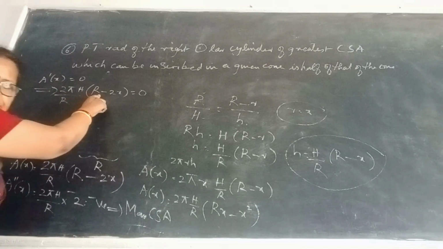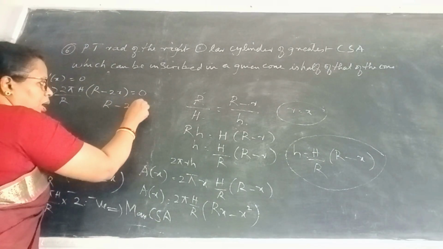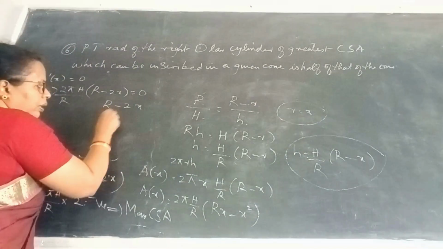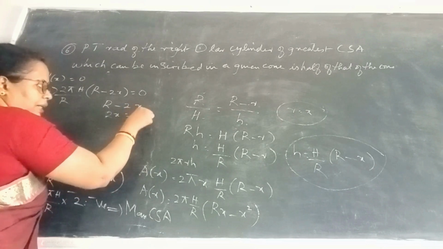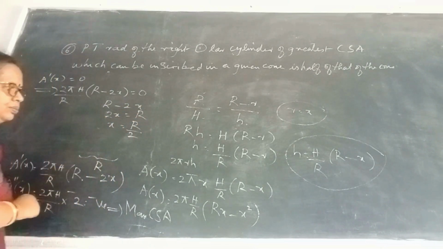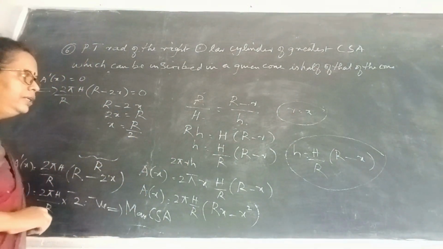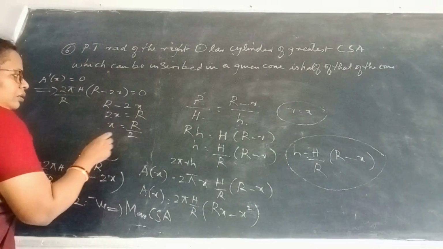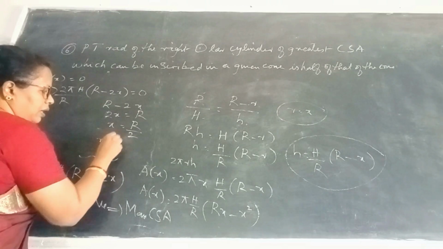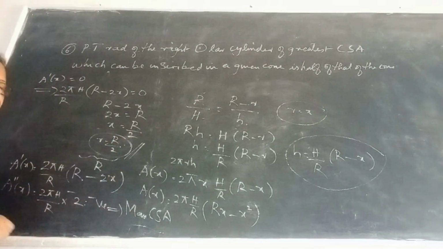So the only possibility is R minus 2x equal to 0, or 2x equal to big R, or small x equal to R by 2. What is small x? The radius of the cylinder. So instead of x we can write small r is equal to big R by 2. This is what was asked to prove.